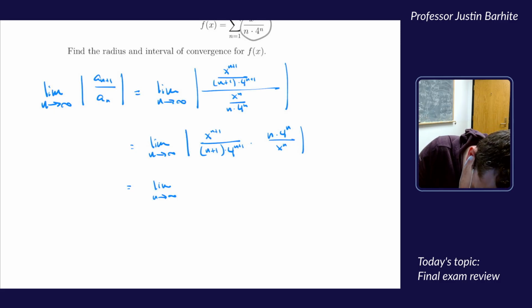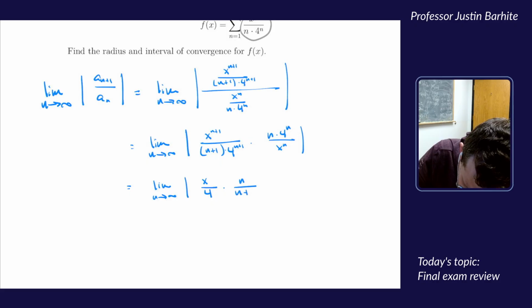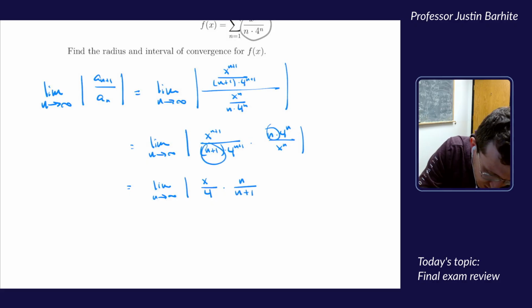x to the n plus 1 over x to the n is just x. 4 to the n over 4 to the n plus 1 is 1/4. And then we have the n and the n plus 1.